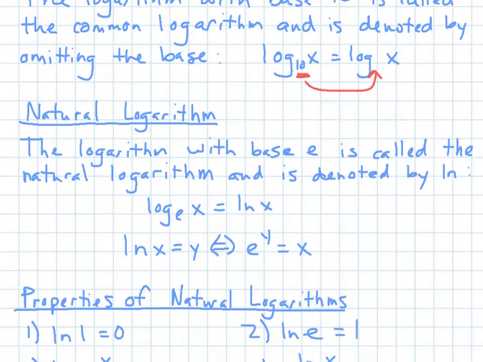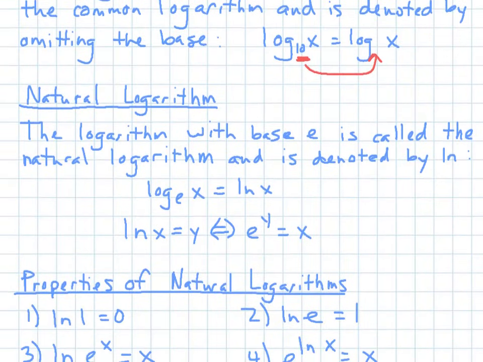Okay? The natural logarithm has a base of e, and is called natural log and is denoted by ln. So on your calculator, you see this. Okay? What it means is this, log of x base e.